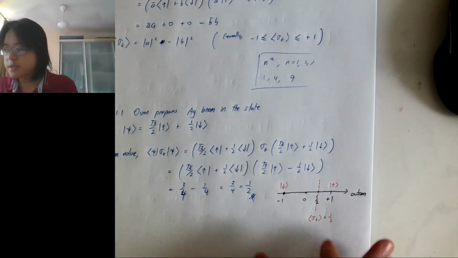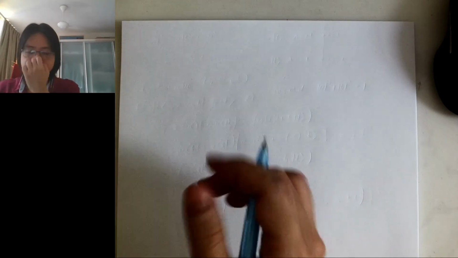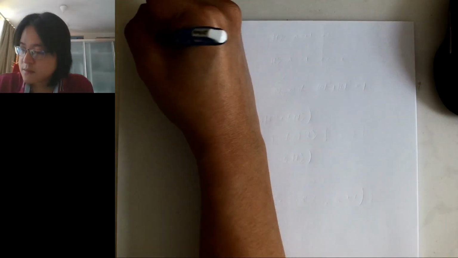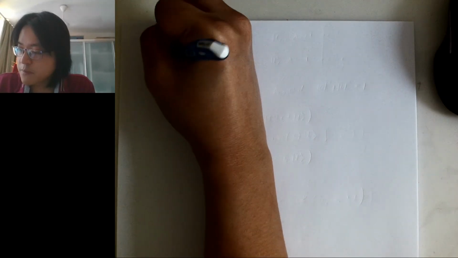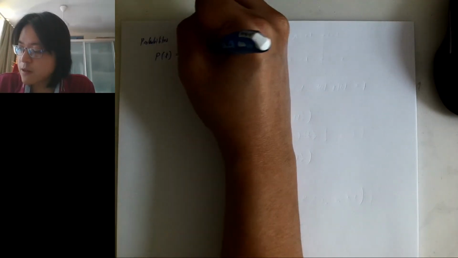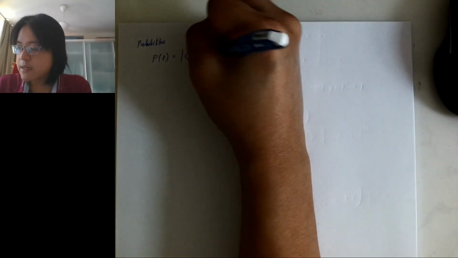How about the probabilities? Once you have the probabilities, getting one from the other is pretty straightforward. But let's calculate the probabilities. So the probability of getting up, remember how to do it? We just close it with the up vector, and then take the state here.